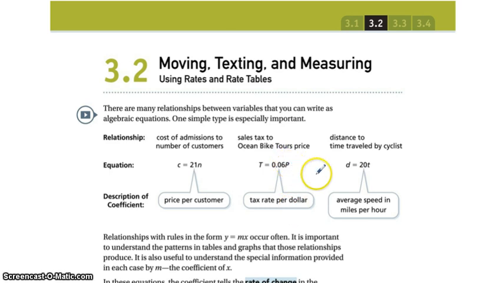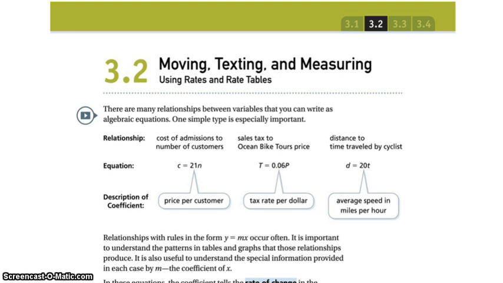And then the distance would equal 20t, or the average speed in miles per hour times the amount of time would equal the distance. So m, in this case, m is the coefficient of x.